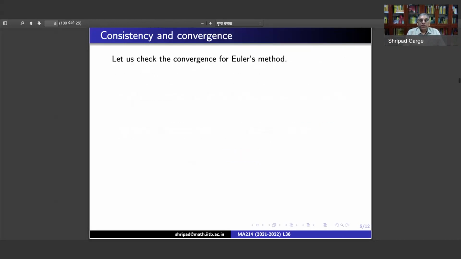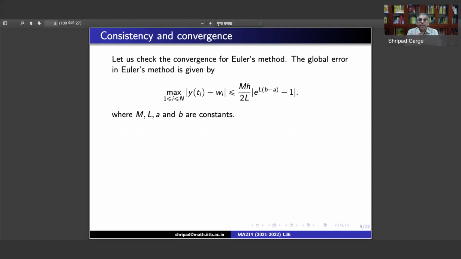So in fact, we have studied Euler's method, and let's check the convergence of Euler's method. The global error is something that we have derived in our lectures. The maximum of |y(ti) - wi| is less than or equal to Mh upon 2L times (e^(L(b-a)) - 1).